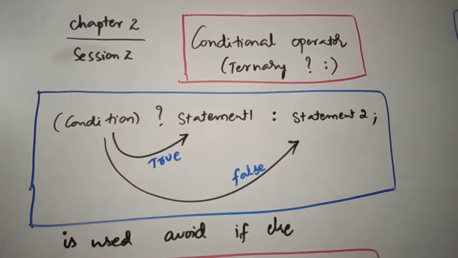Condition false, the statement after colon will be executed. So this is used to avoid if else. You have two symbols here, question mark and colon, no if and no else.